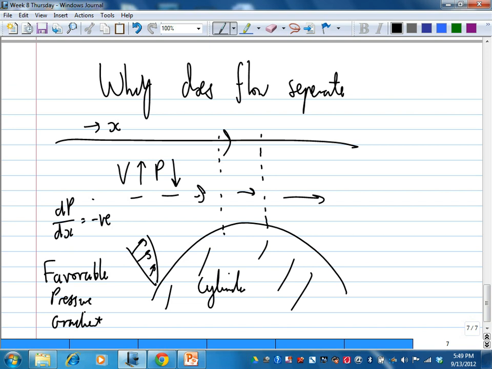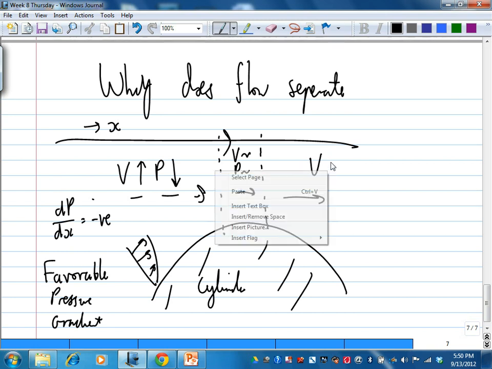Then it goes to a flat part. What happens here? V about constant, so P constant. Nothing much happens here. It just goes in. And then it comes out here. What happens here? As you go down this way, V goes down, isn't it? Now this is for incompressible flow, low speed flow.